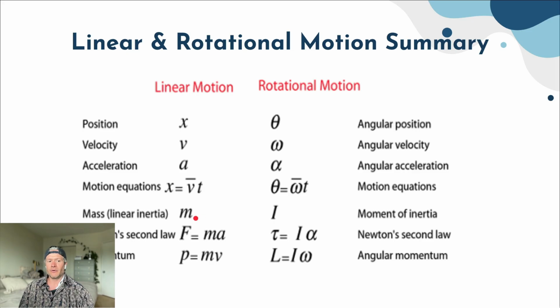Today, we spoke about how mass is this linear inertia, and our moment of inertia is mass times our R value squared, but they're analogs of one another. And even with our momentum and angular momentum, we have similarities there between the two. So again, hopefully you're seeing that pattern that has shown up between linear and rotational motion.